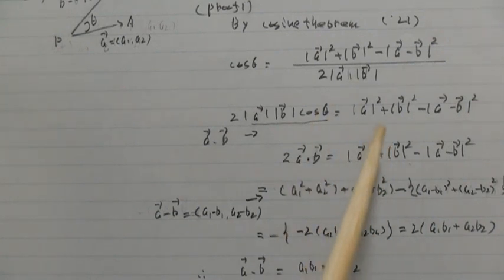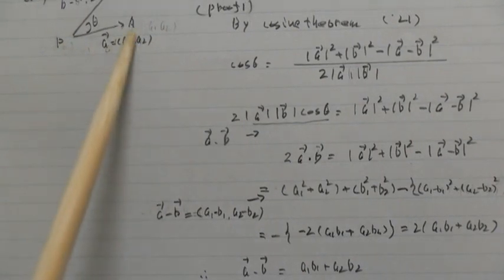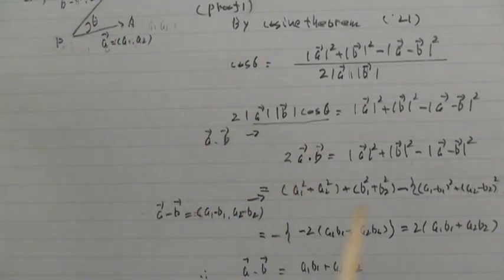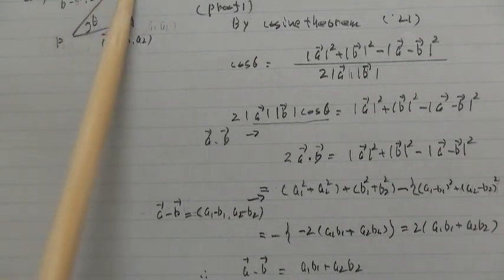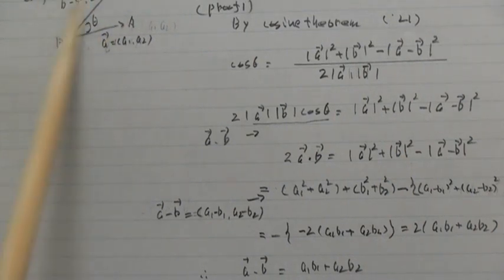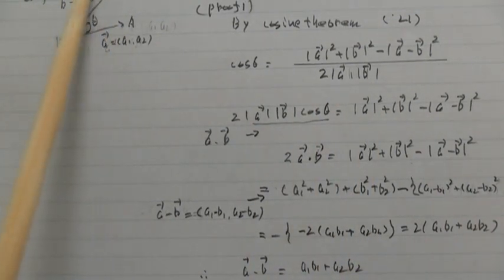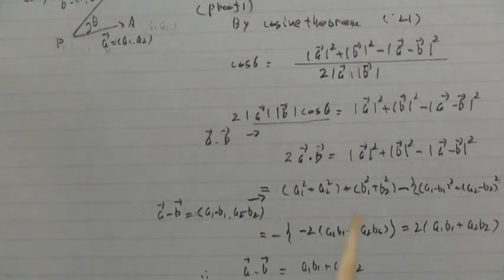|A| squared equals A1 squared plus A2 squared. And |B| squared equals B1 squared plus B2 squared.